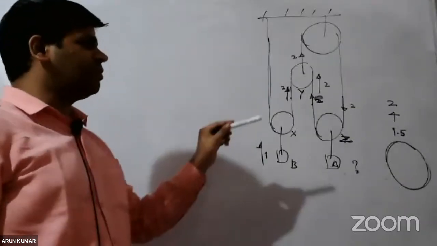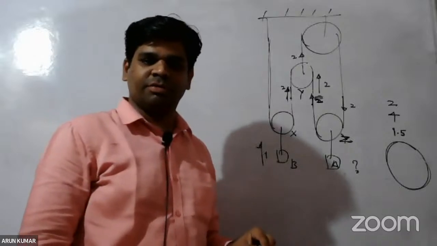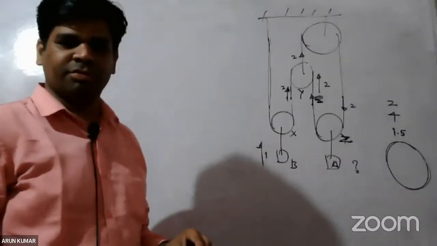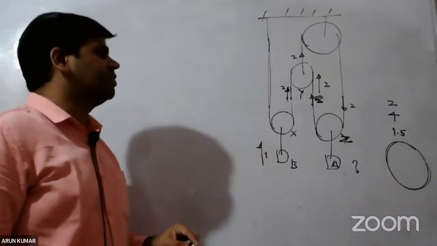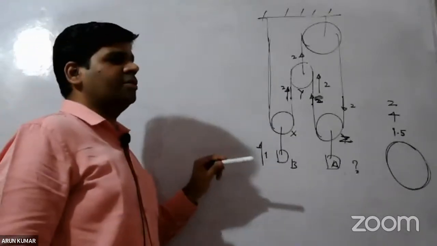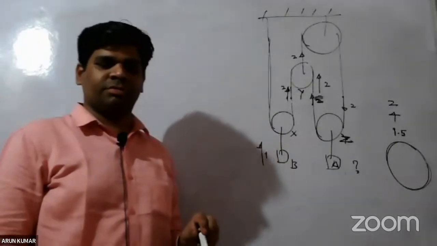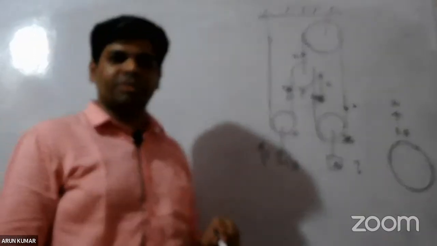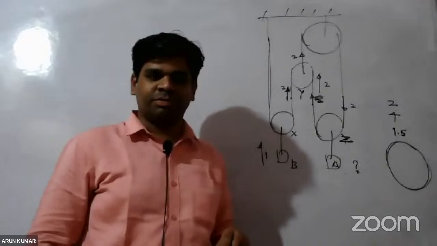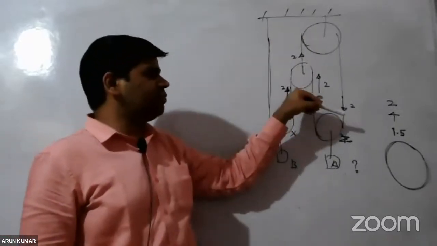All right. And someone got 4? Who got 4? So Bhavna, what went wrong? If this point moves up, then the string moves down. That's where you went wrong?